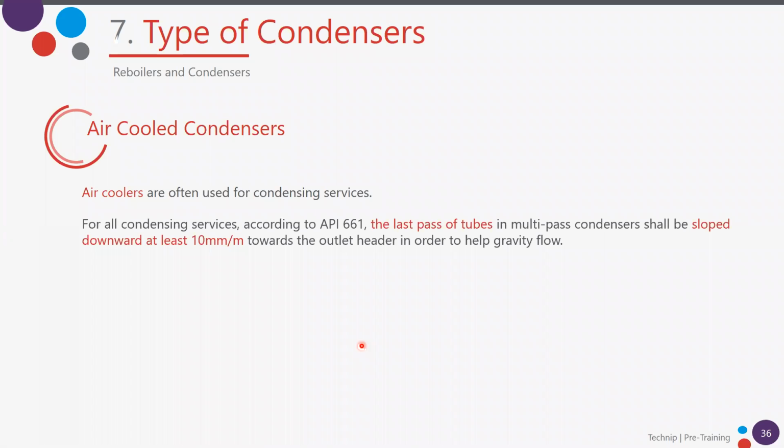In this case, we talk again because air coolers are very often used for condensing services in the industry. And they have the particularity that for all condensing services, according to API 661, the last pass of tubes in multi-pass condensers shall be sloped downward at least 10 millimeters per meter towards the outlet header in order to help gravity flow.